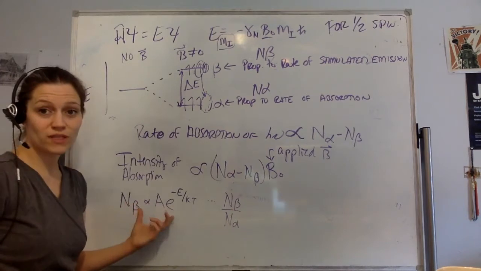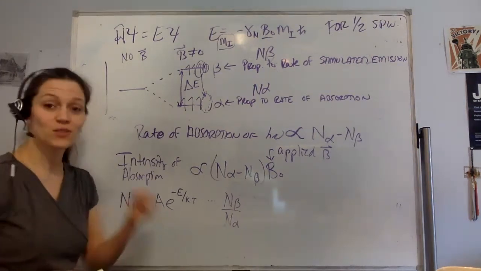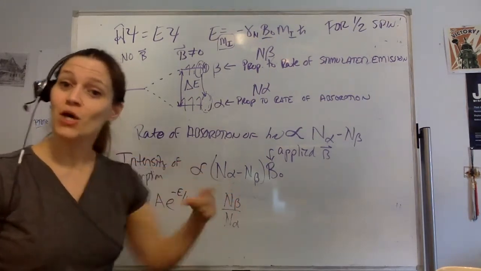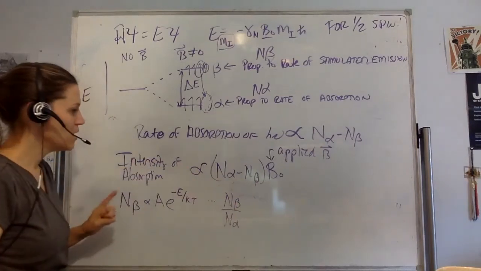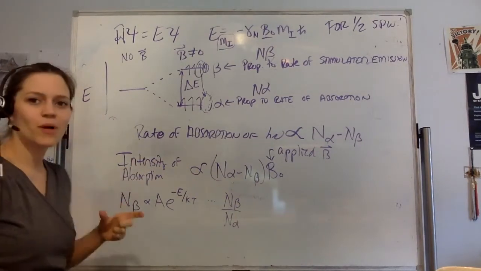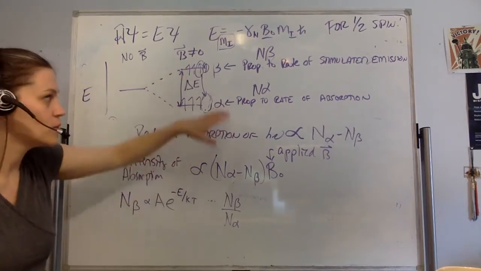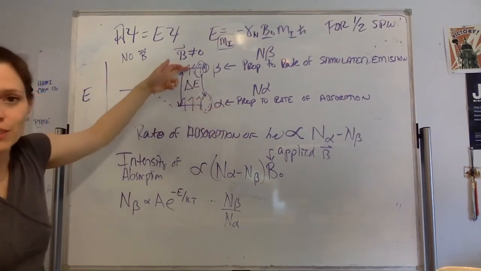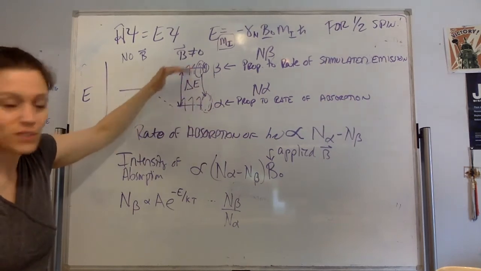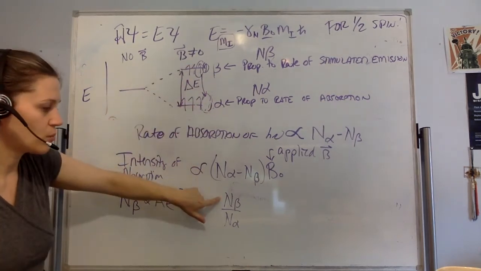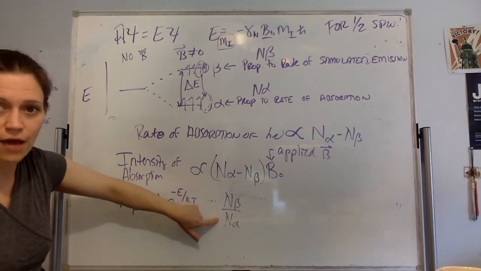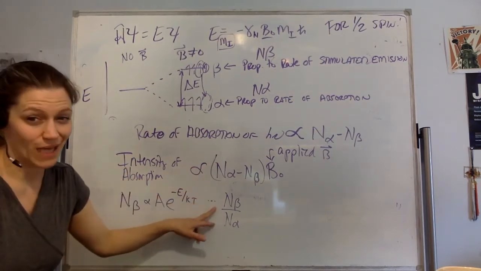I won't go over this because you will learn it in thermodynamics, or if you've had thermodynamics with me, you'll recognize it. But we want to know the population of beta out of the total that can exchange into this higher state. That means we want to know the population ratio of N beta to N alpha. This is also going to come in handy.